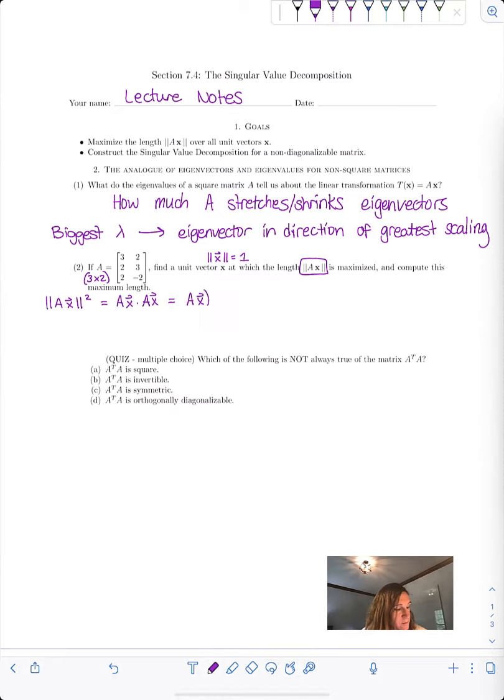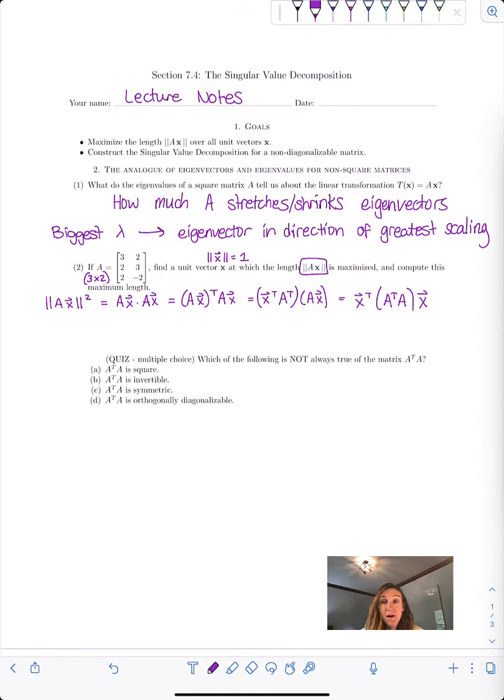As matrix multiplication, that equals the transpose of the first times itself. When we take a transpose, just like the inverse, we can distribute it but swap the order. So we get x transpose A transpose times Ax. Finally, that equals x transpose times A transpose A times x. I say A transpose A is nice because it has lots of nice properties.